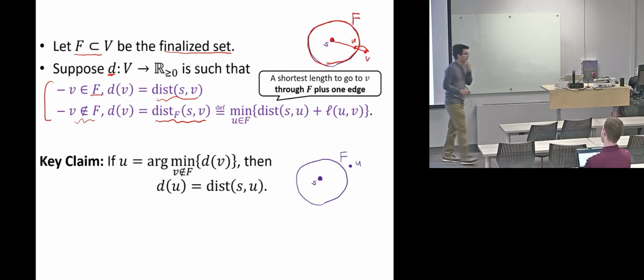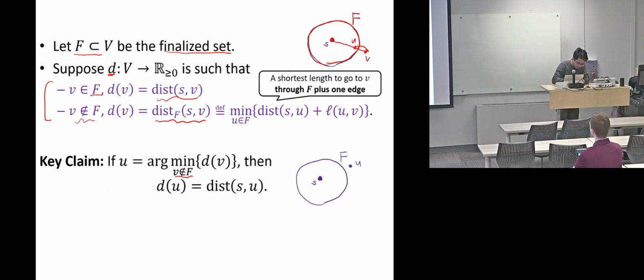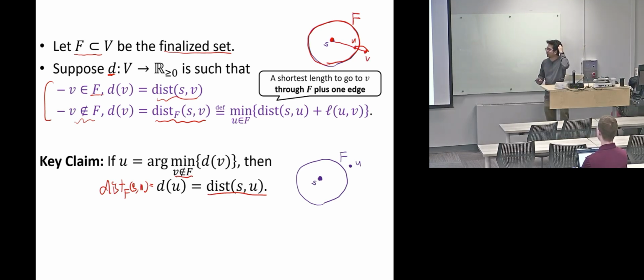That is, for the not finalized one, the distance with respect to F from S to U is already the real distance. That's my claim. Is the statement understandable? Any questions about the statement?